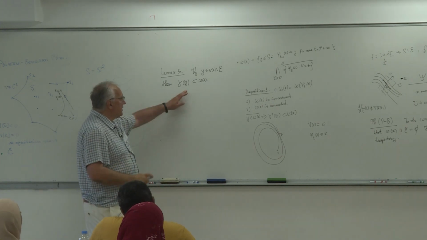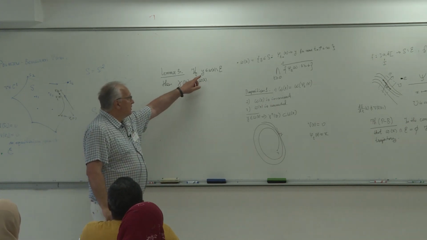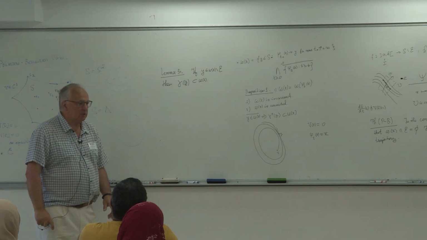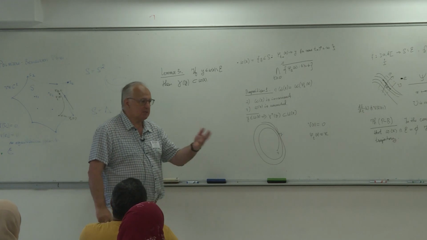So the limit set contains with each of its regular points the whole trajectory which comes through this point.